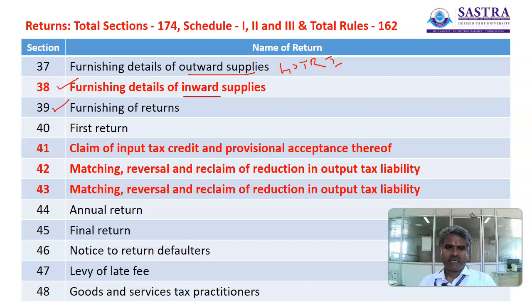Based on that, they will calculate our tax liability and we can also adjust our input tax and find the final output tax. This is 40.